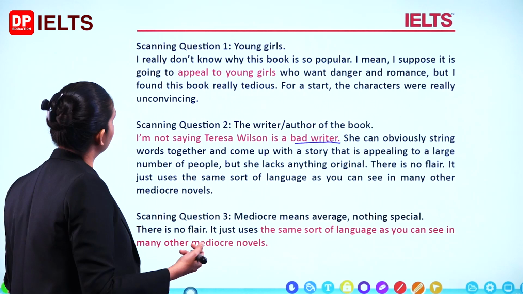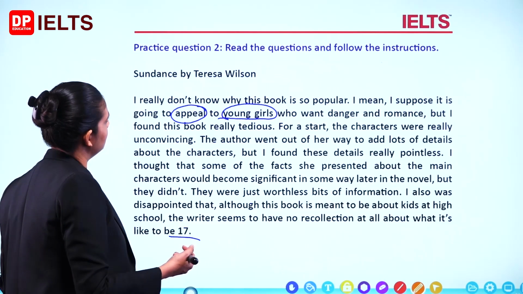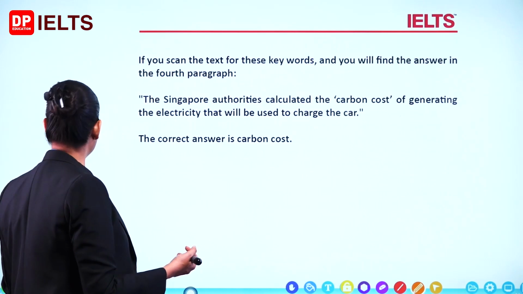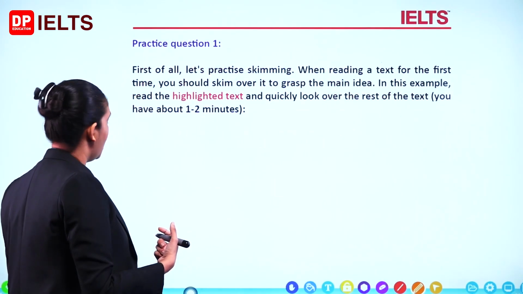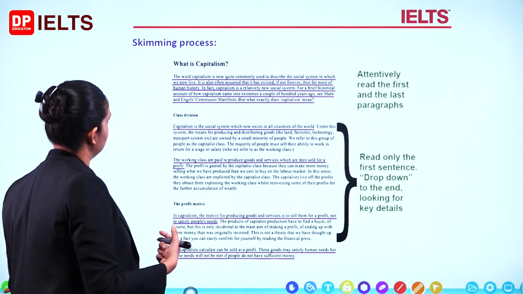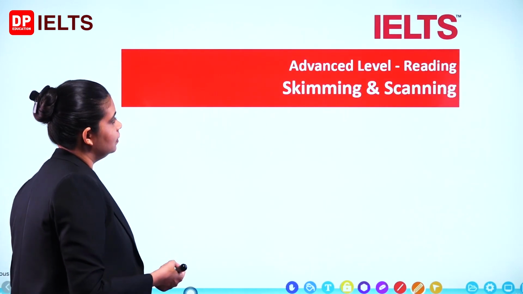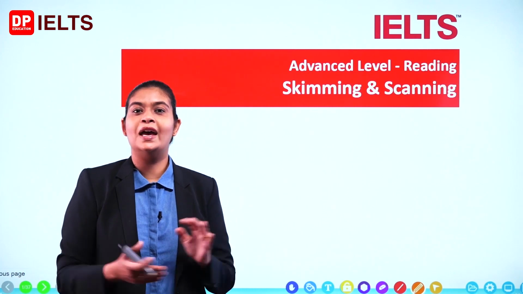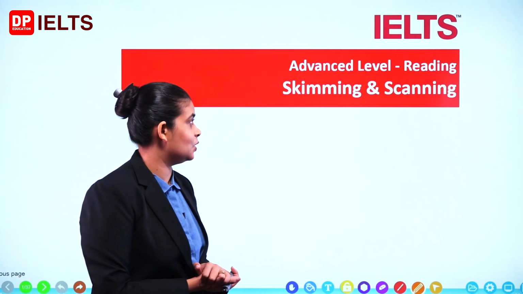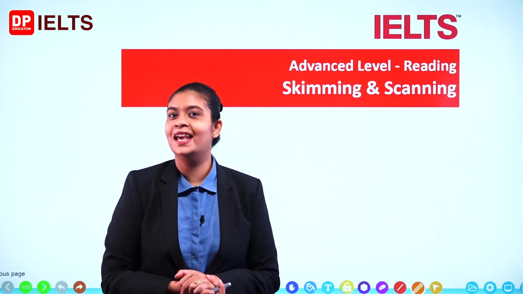But I've done everything with you. So this should give you a good understanding of what is skimming, what is scanning, how do you skim-read, how do you scan. Very important for your IELTS reading test. So with that, we come to the end of this lesson, which was all about skimming and scanning techniques.